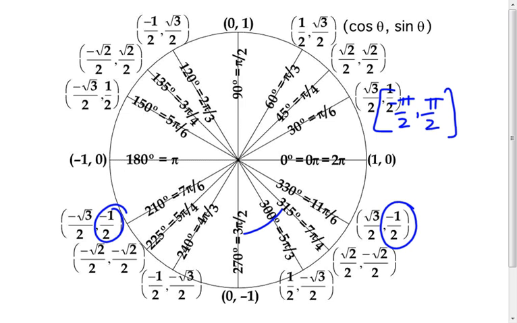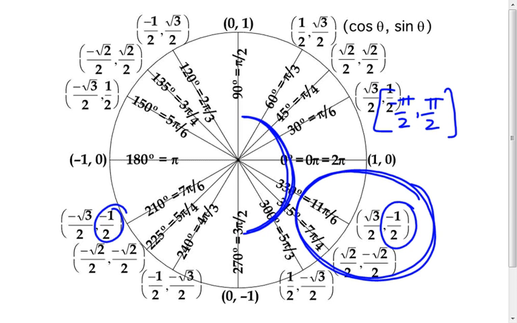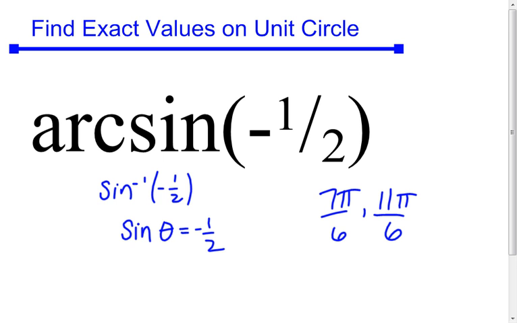That means that it's this area over here, which means that this answer will count. 11 pi over 6 will count. 7 pi over 6 is not in the restricted interval, and it's going to get the big old X. So 11 pi over 6 is our only answer here.